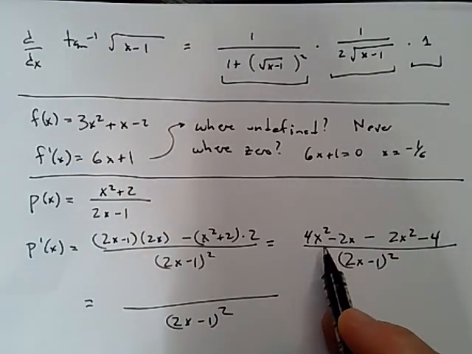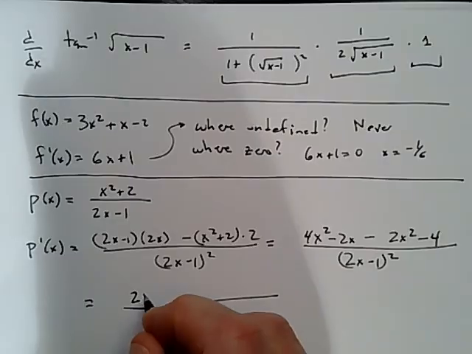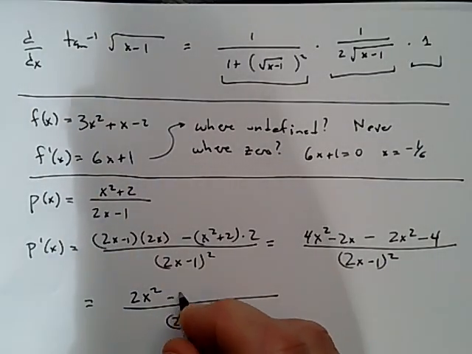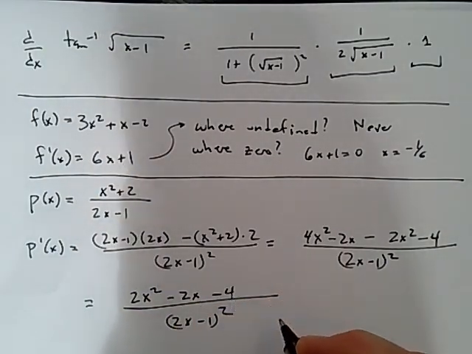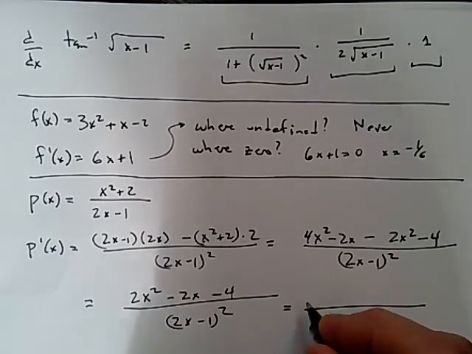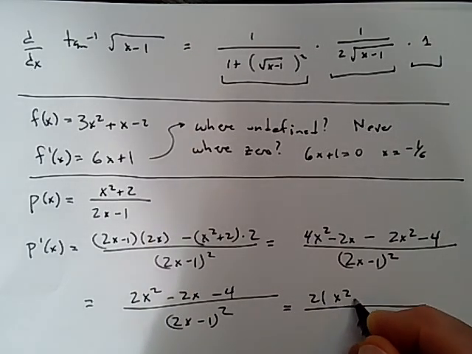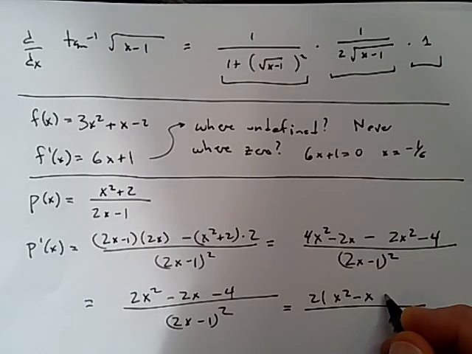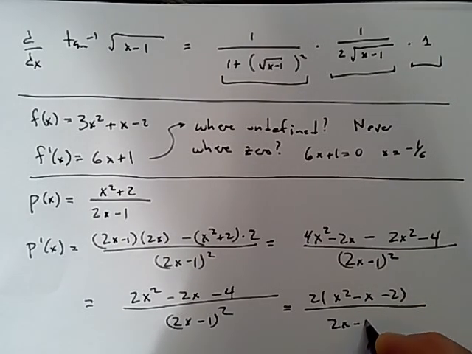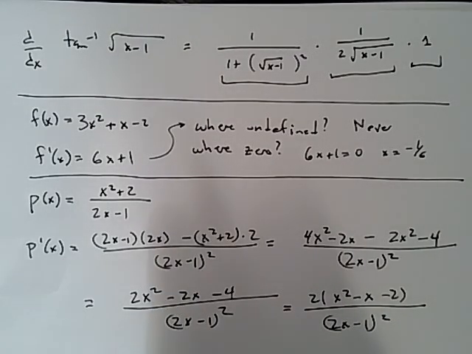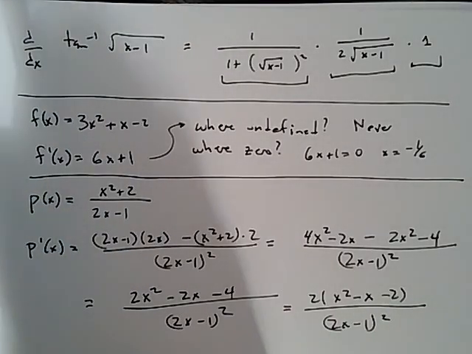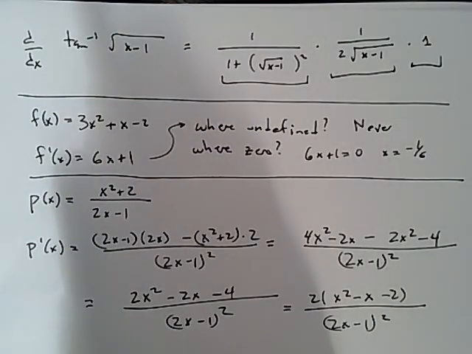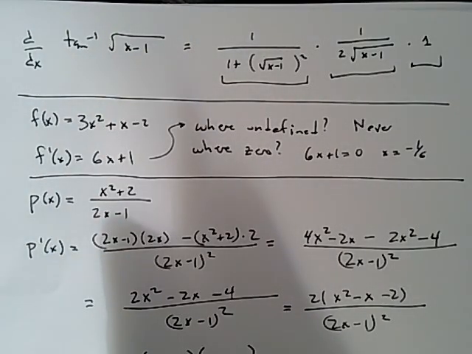There's a 4x squared and a minus 2x squared, so I've got 2x squared, there's a minus 2x, and there's a minus 4. That's 2 times x squared minus x minus 2, and x squared minus x minus 2 is going to factor into x minus 2 and x plus 1.